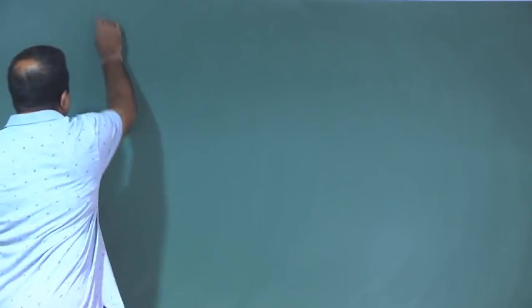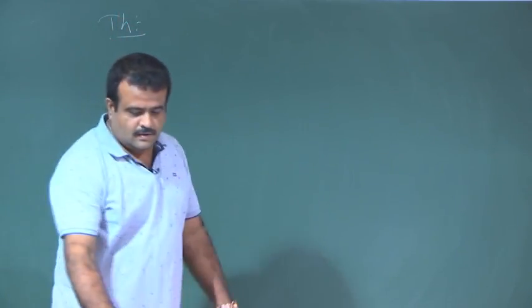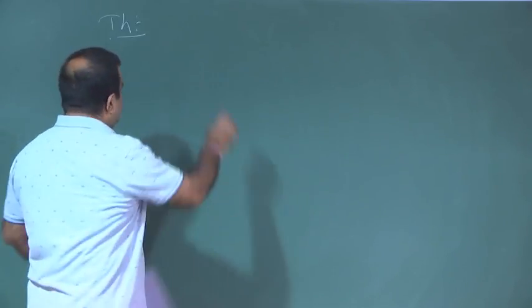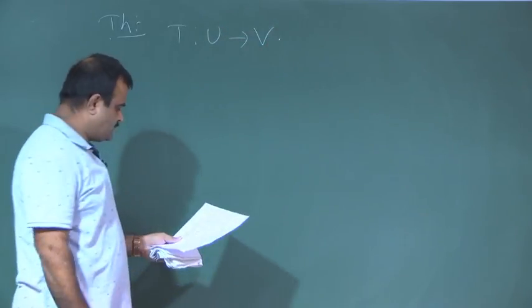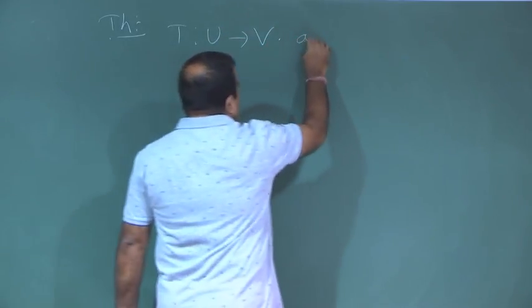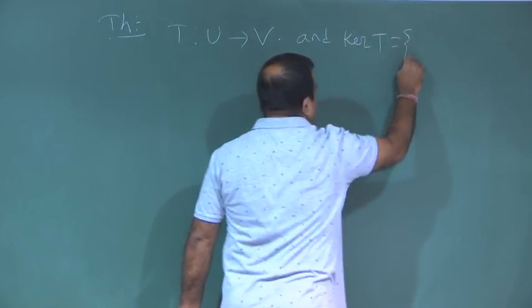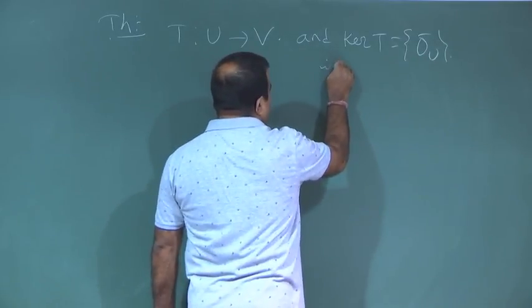Now, we have another theorem. Suppose we have a linear transformation T from U to V over the same field, and the kernel of T is the 0 vector, that is, T is 1 to 1.